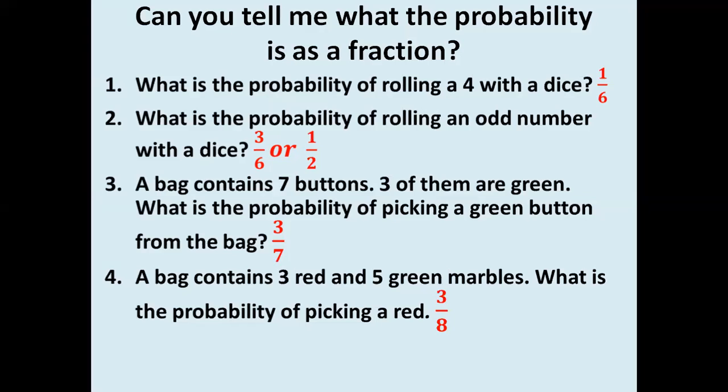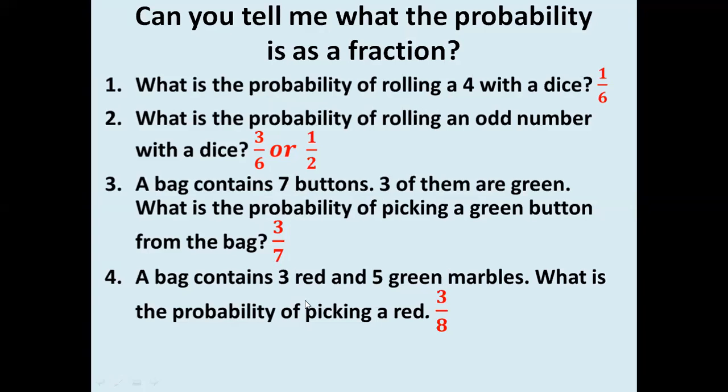Number 3, a bag contains 7 buttons. 3 of them are green. So what's the probability of getting a green button? How many green buttons do we have? 3 out of all the number of buttons, 7. So 3 out of 7 is how to write the probability of getting a green button.